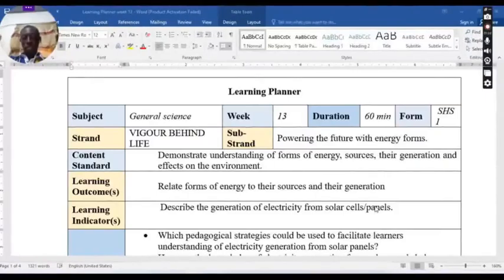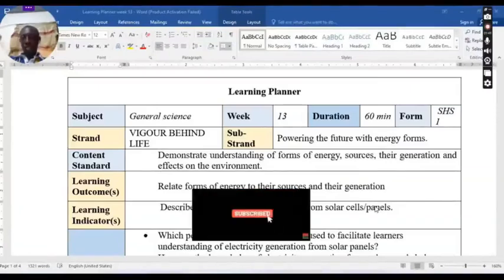It's used by educators, researchers, learners, etc. The unique advantages of learning planners are that it enhances time management, it increases reflection and self-assessment. It can also improve motivation and concentration. So these are some important reasons why the learning planner is very important. It is an improved version of our lesson notes.